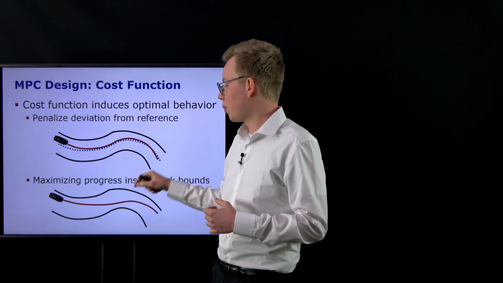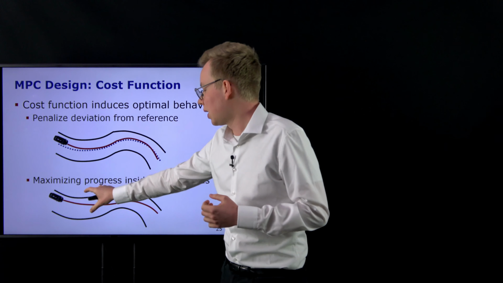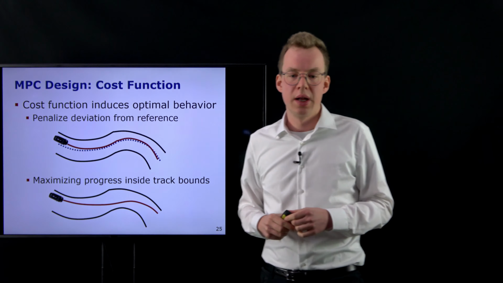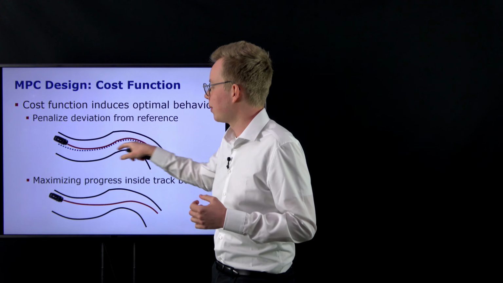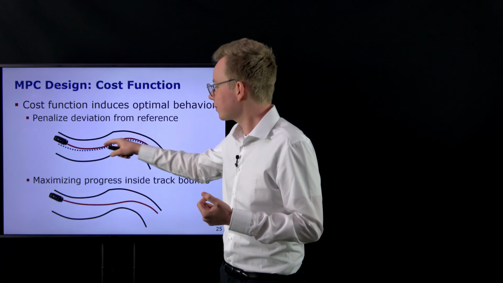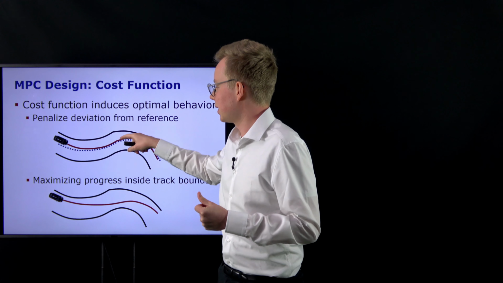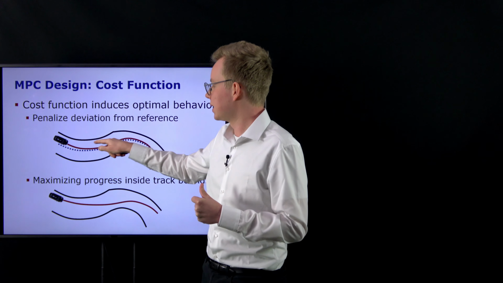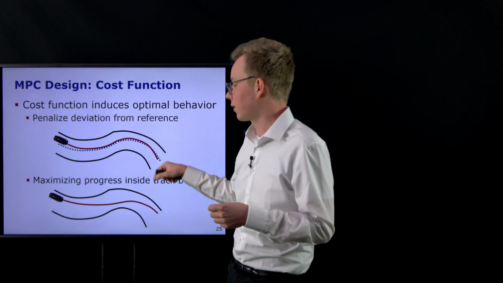But if we want to have more competitive behavior, so for example, we may wish to drive along this track as fast as possible, then this is not a very suitable formulation, because driving fast along this road is not easily achieved if we are encouraged to stay along the center.